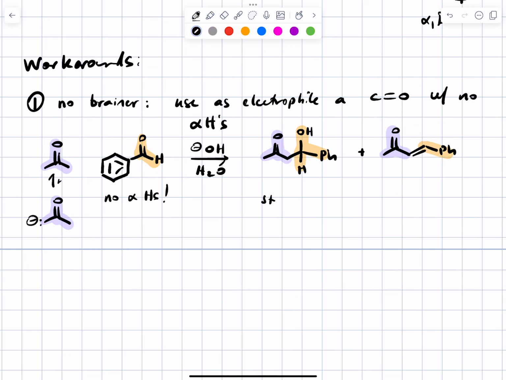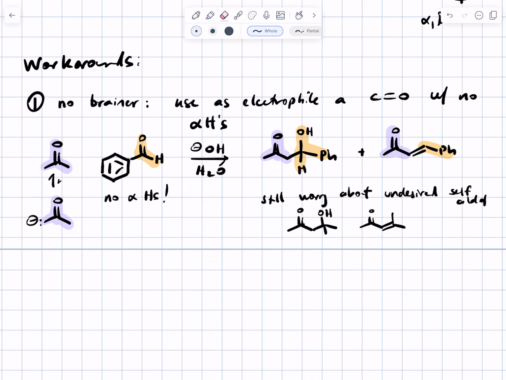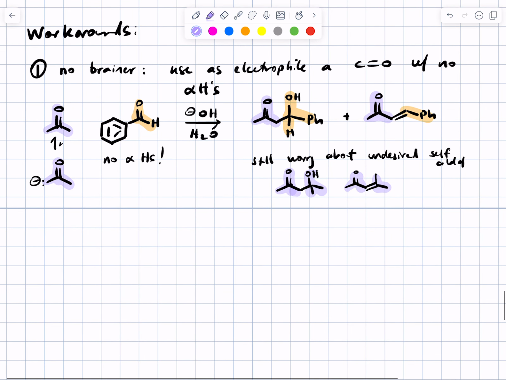I would still, in this case, worry about undesired self-aldol reactivity. In other words, I would worry about the ketone enolate reacting with ketone to give you those self-aldol products. But that's one workaround you can use if you want to do the cross-aldol reaction.